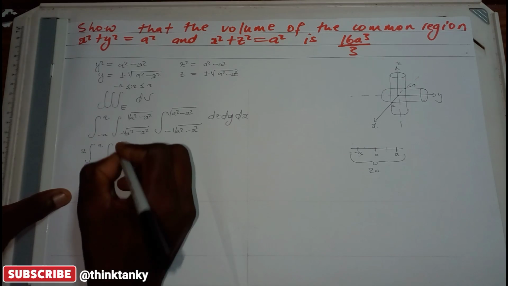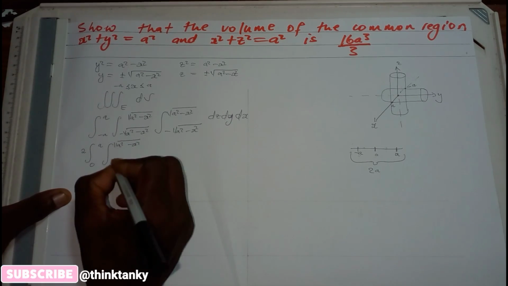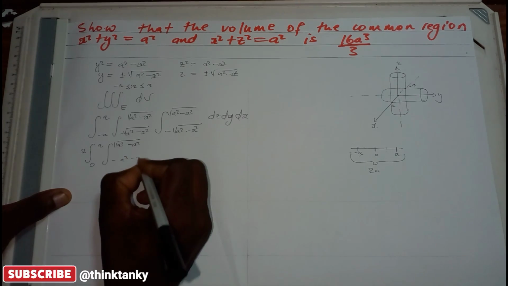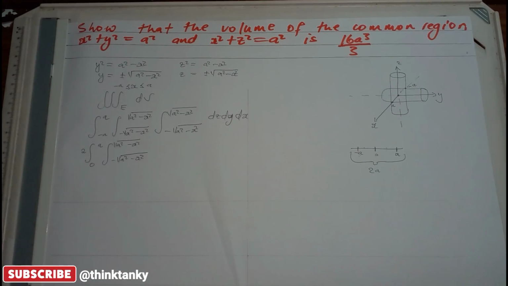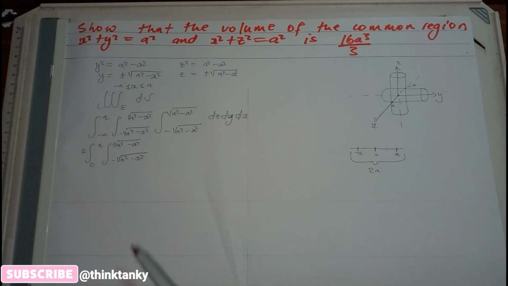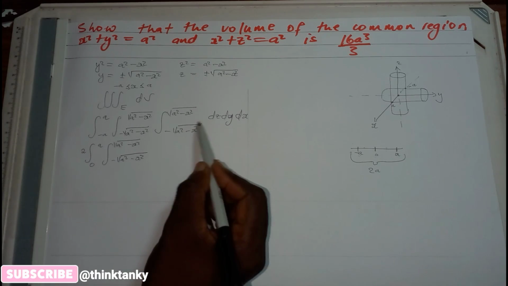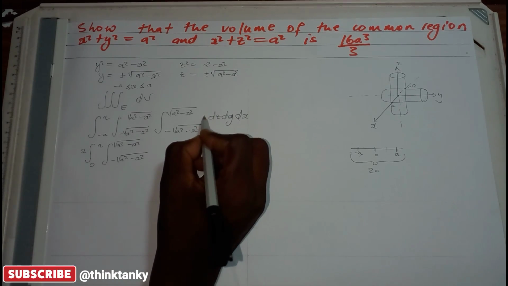Square root of a squared minus x squared, negative square root of a squared minus x squared. Then if we integrate with respect to z, since I don't have anything here, that means I have 1.